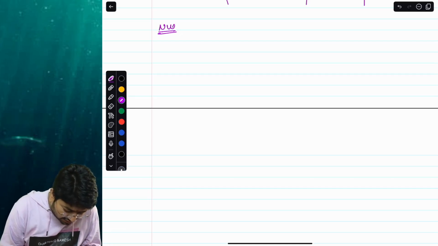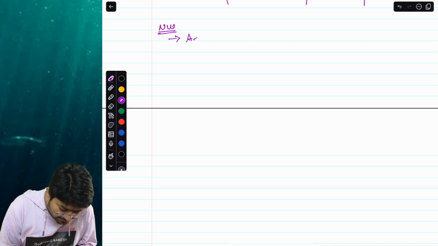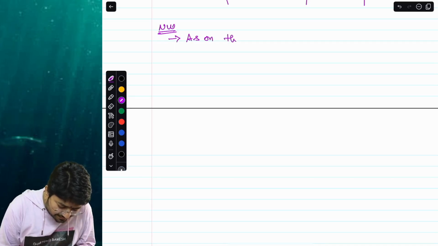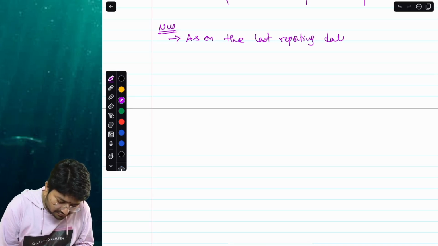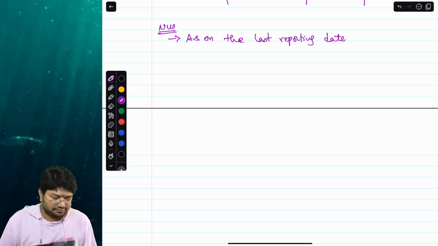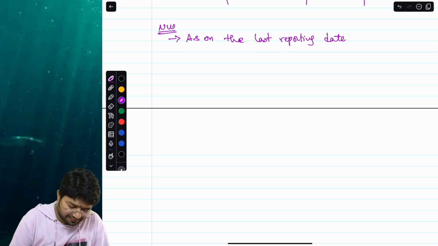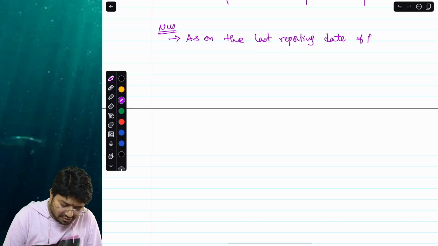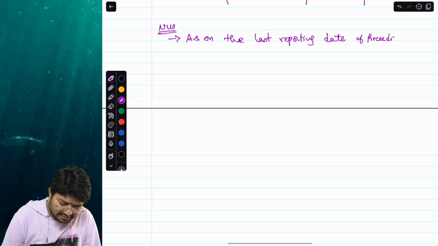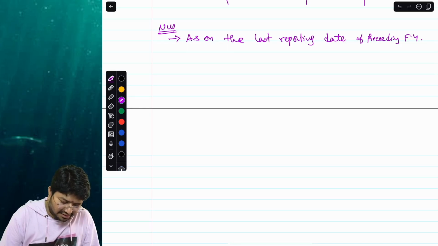When I say net worth, it is as on the last reporting date of preceding financial year.